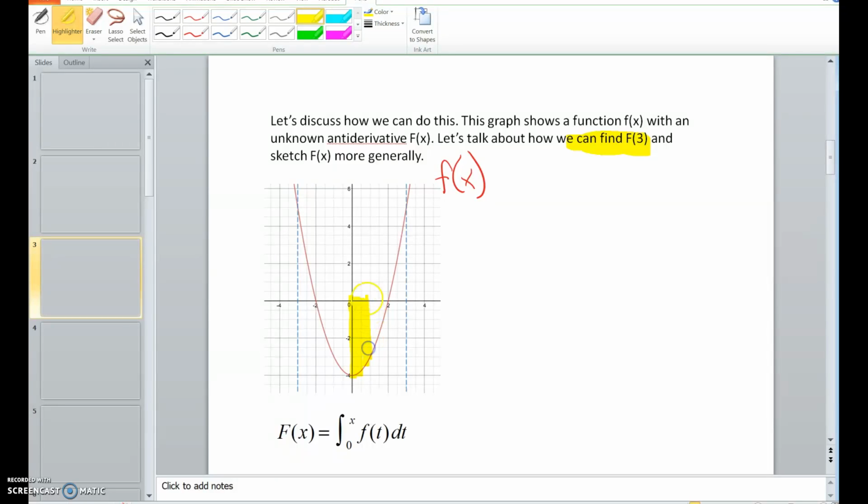So I'm integrating, I'm now at 1. So in between 0 and 1, capital F has decreased by the shaded area here. I keep moving over here. Now I'm at 2.